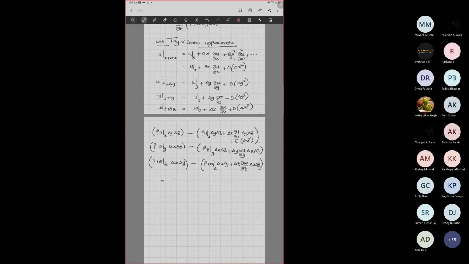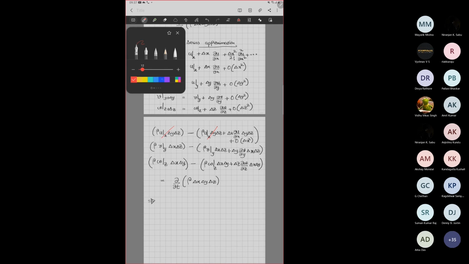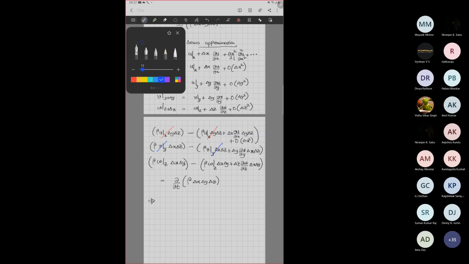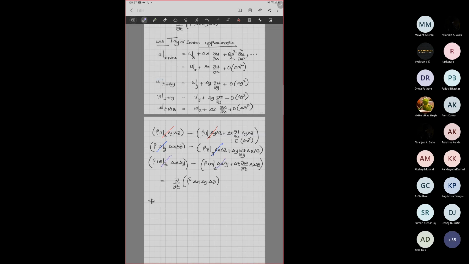This entire thing is supposed to equal del by del t of rho delta x delta y delta z. Now simplify it using Taylor's expansion. Let me cancel out terms. This term gone. Similarly, this term gone. Similarly, this term gone.